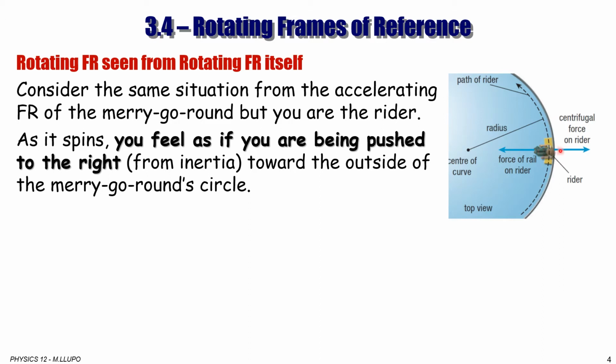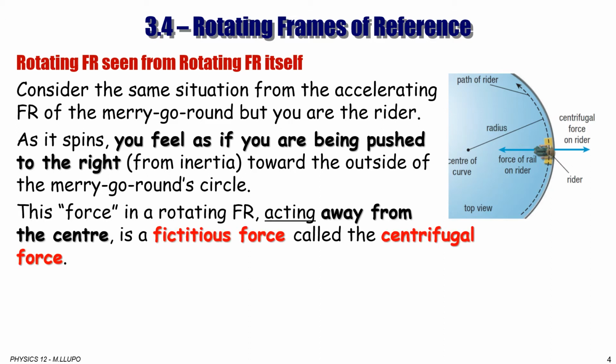So instead of being at this point here, you are being pushed or hauled toward the center by that rail. Centripetal force in this case is the force that the rail is pushing you with. However, because of inertia, you are being pushed away. So that's why you end up at this point here.